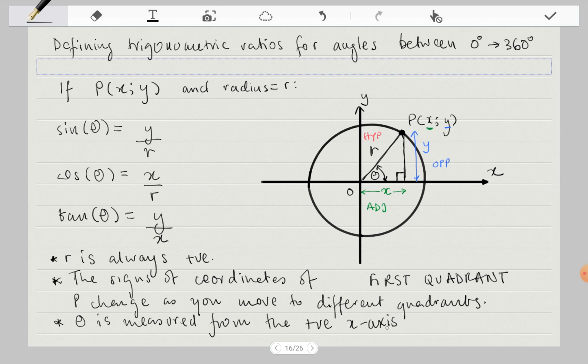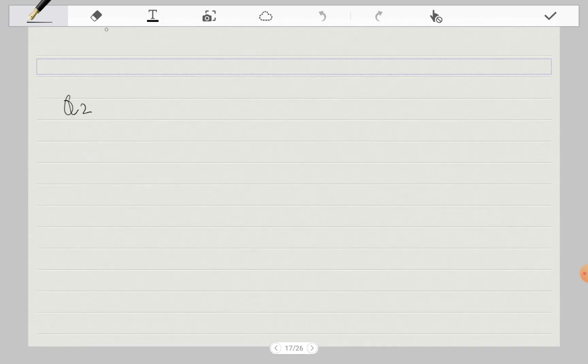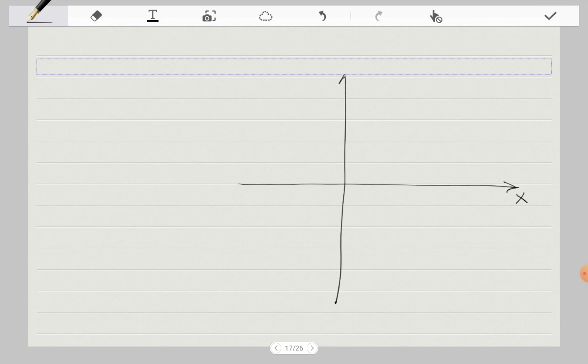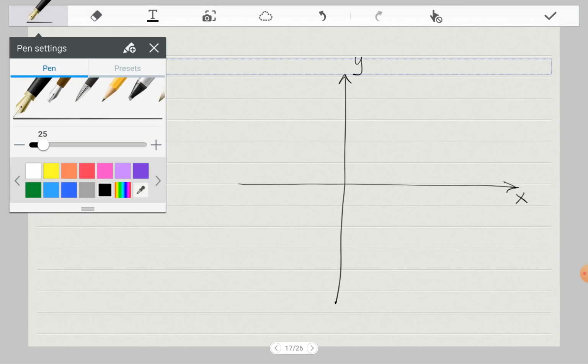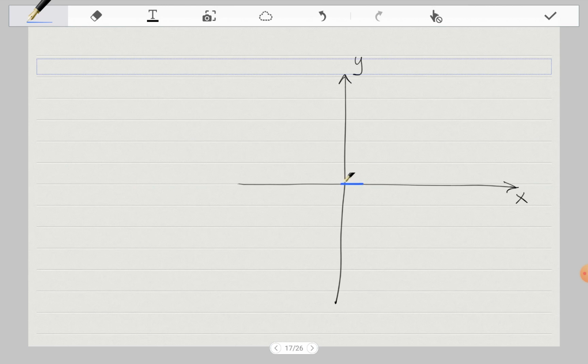What I mean is, if this is your x-axis right here and this is your y-axis, though the y-axis is irrelevant here, and let's say your triangle has a line like that, so that's your triangle right there.